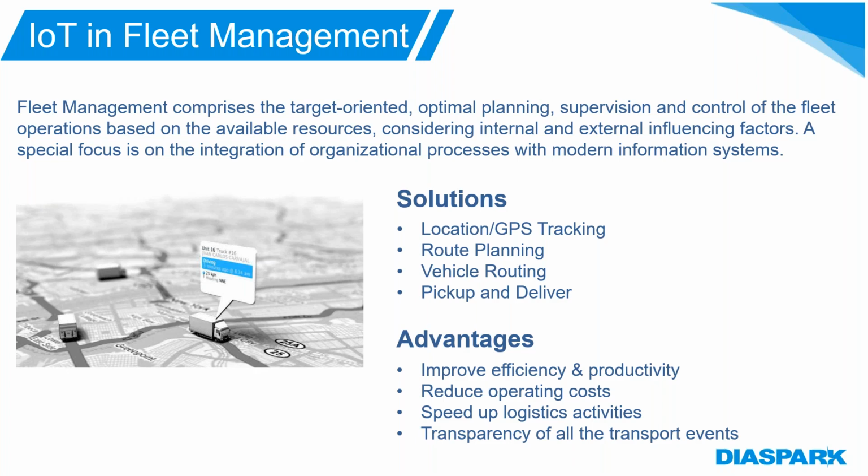So this is one of our frameworks that can be integrated in any system, so that it generates the data, receives the data, and plots that data in the client application or web app. If you have location GPS tracking, if you have problems with routing, or problems with vehicle pickup and deliveries, you can use this solution. The advantage you get is that it will improve your efficiency and productivity, and it will reduce the operating cost.